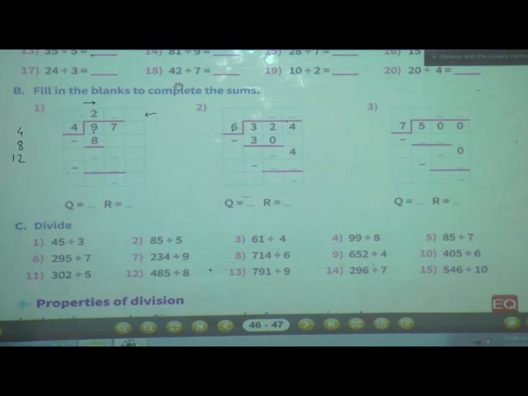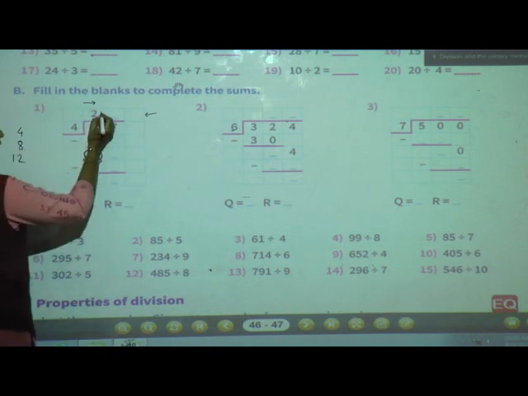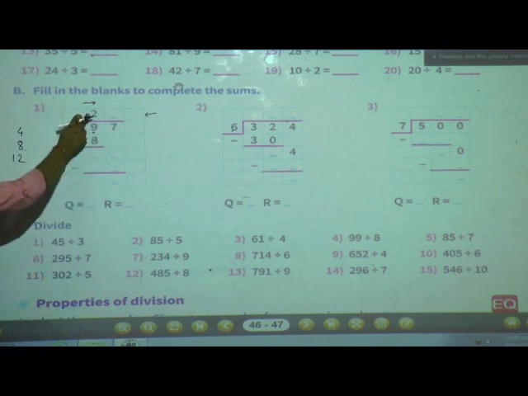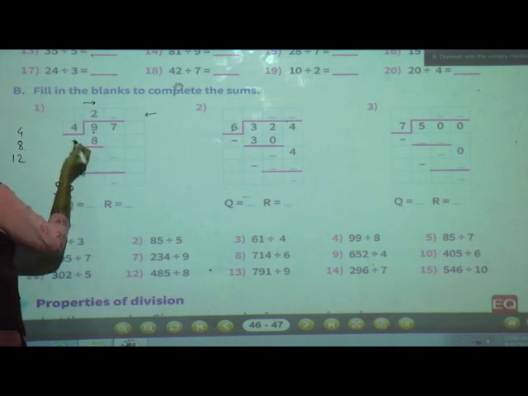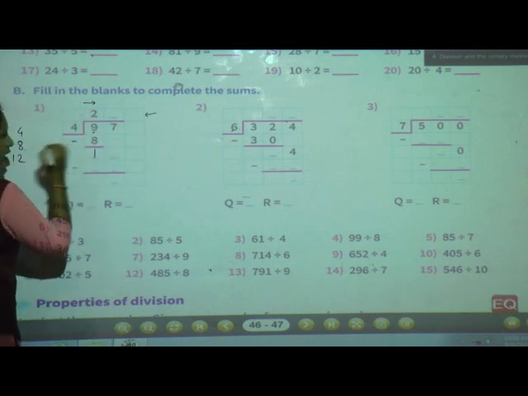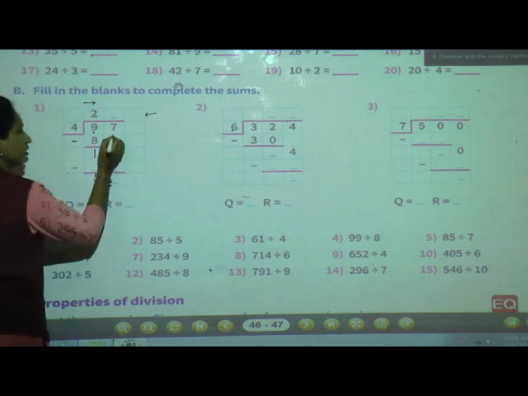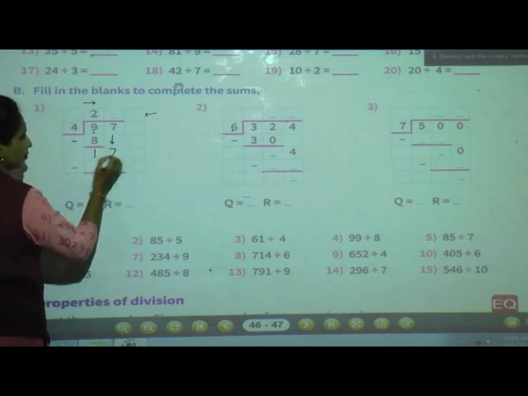No, 9 is not there. So in that case you will take the number smaller than 9, that is 8. So we will place the 2 at tens place. 4 2s are, yes, 4 times 2 means 8. Now we will subtract, 9 minus 8 is 1. Now the next number, that is the ones digit, we will bring down.